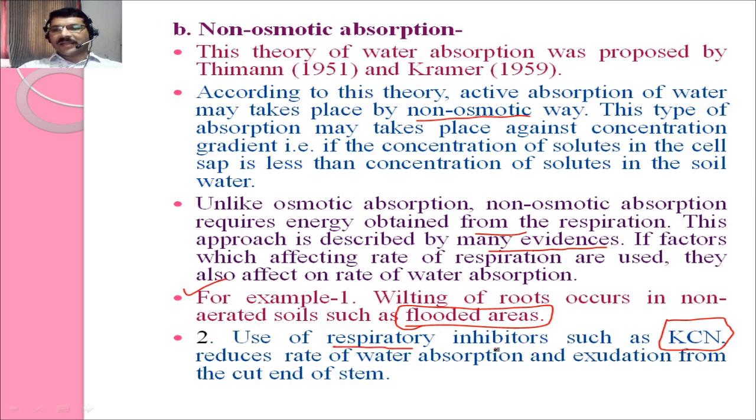Due to application of KCN, the rate of respiration decreases, and when respiration decreases then water absorption also decreases, and exudation of water from the cut end is also affected. So these are some evidences for the statement that non-osmotic absorption requires energy for water absorption.